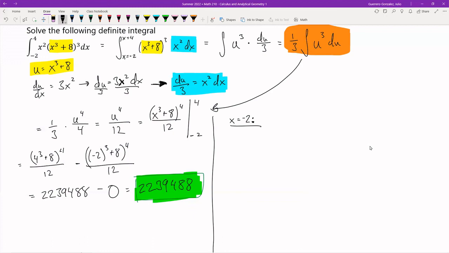So then that means u is going to be equal to -2 cubed plus 8. We know that this is 0, right? And then if I do x is equal to 4, so that means u is equal to 4 cubed plus 8.